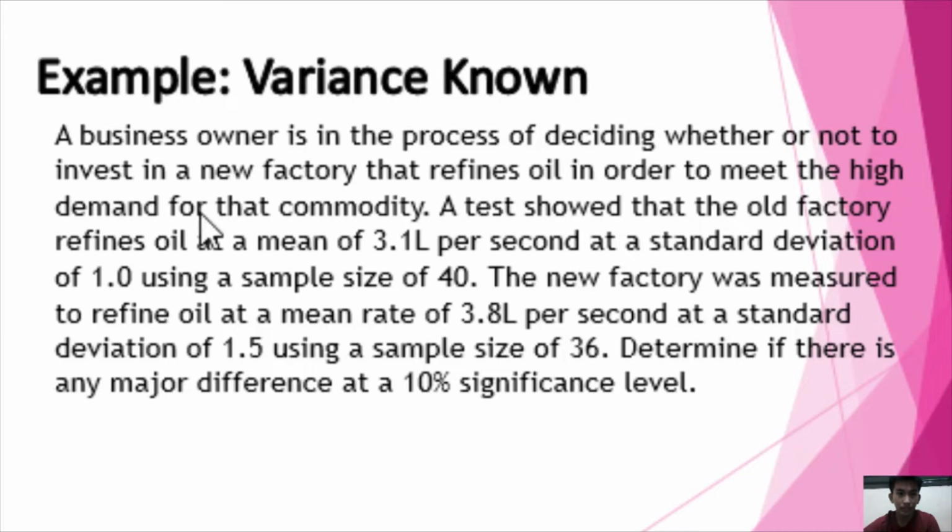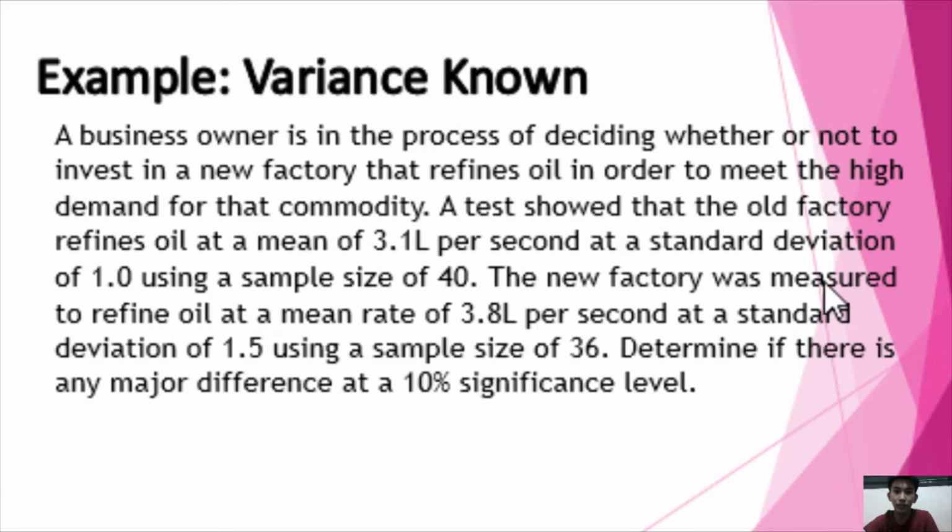Now, papunta tayo sa example. Example sa variance known. A business owner is in the process of deciding whether or not to invest in a new factory that refines oil in order to meet the high demand for that commodity. A test showed that the old factory refines oil at a mean of 3.1 liters per second at a standard deviation of 1.00 using a sample size of 40.